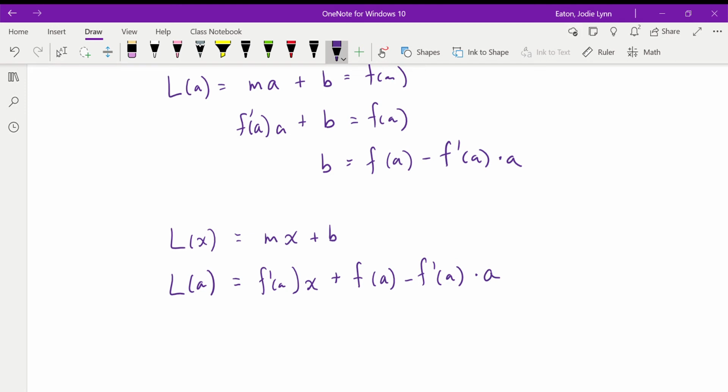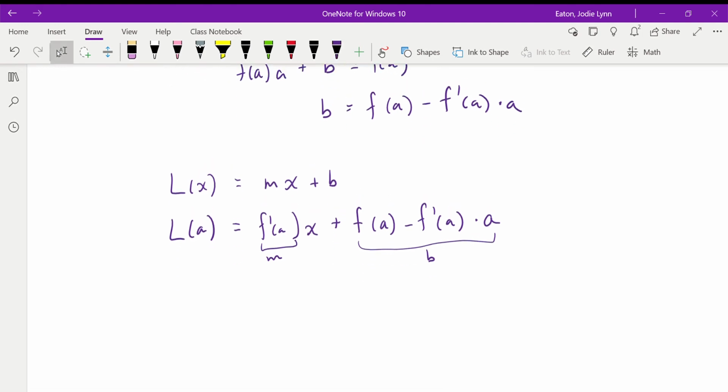So this was b and this was m. We're just replacing those. So that means our linearization at a, if we combine like terms that have an f prime of a in it, is equal to f at a, so our original point, plus f prime of a times x minus a. So this is a direct equation for finding the tangent line of a point around x equals a.